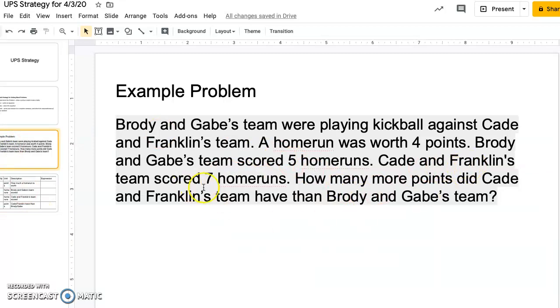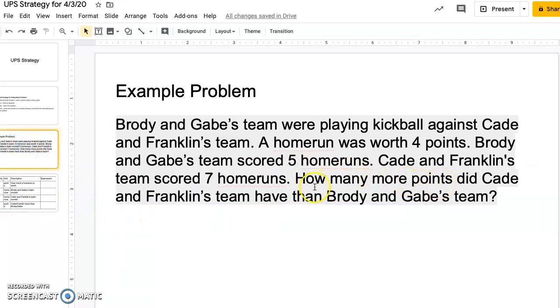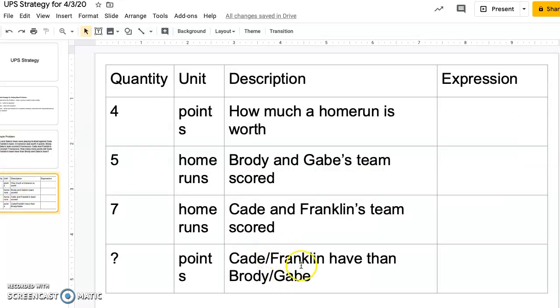Cade and Franklin's team scored 7 home runs. How many more points did Cade and Franklin's team have than Brody and Gabe's team?